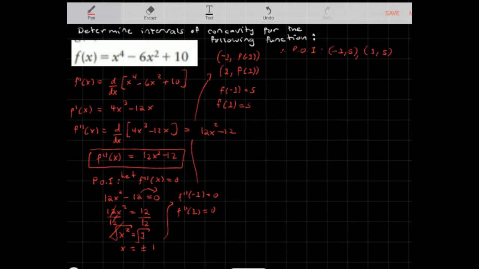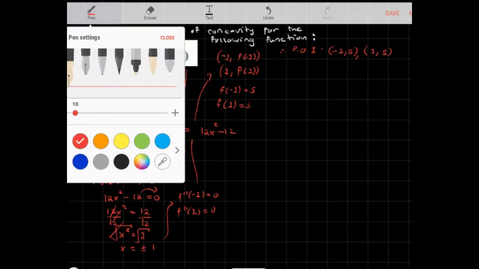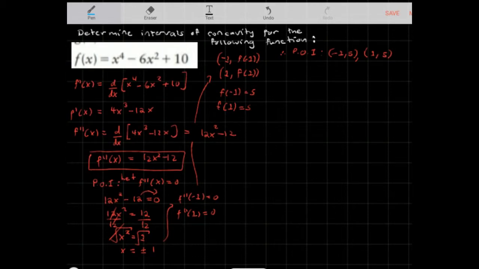Okay, so those are our points of inflection, but now we need to figure out our intervals. So what I'm going to do here is create a number line. Okay, so this is my number line. I'm going to plot my 2 points of inflection. So this is negative 1, and then this is positive 1.